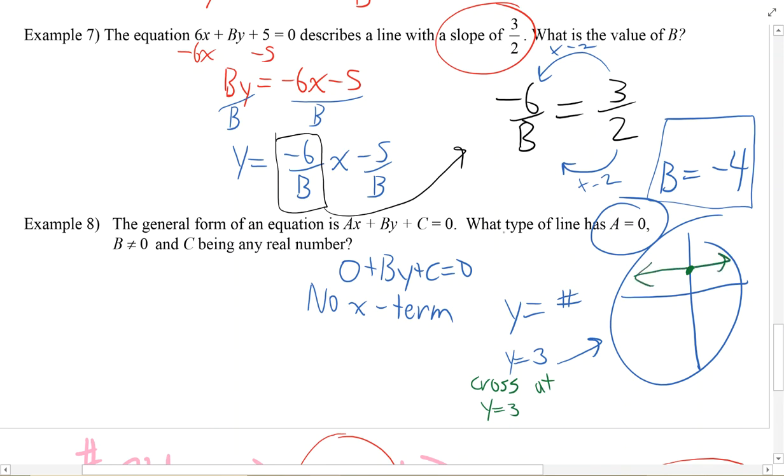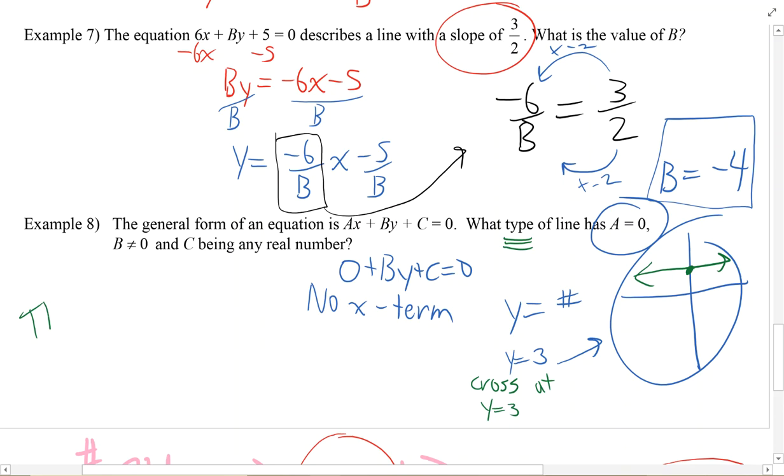So what type of line is that? Well, that's a y-intercept. That's the point. But we're talking about the entire line. It's not vertical. It's horizontal.